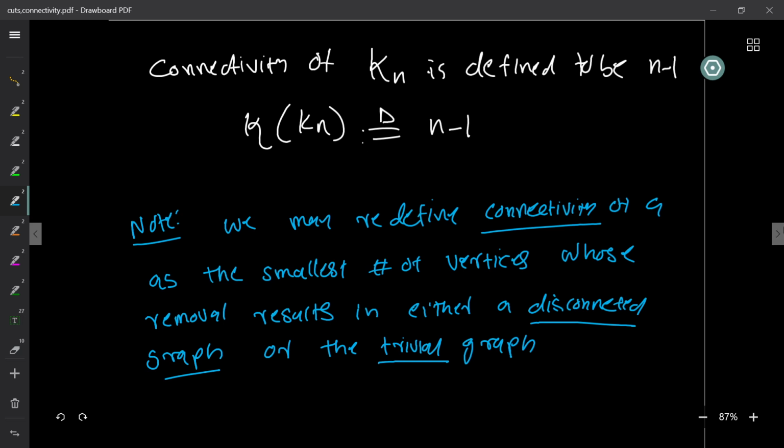Here is the statement: the connectivity of the complete graph Kn is defined to be n minus 1, so that we can redefine the connectivity as the smallest number of vertices whose removal results in either a disconnected graph or the trivial graph.